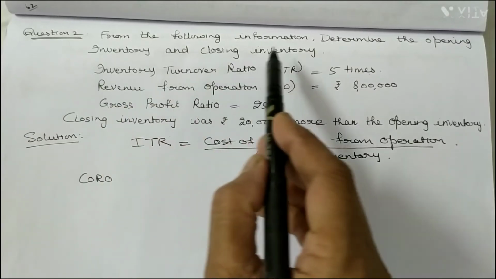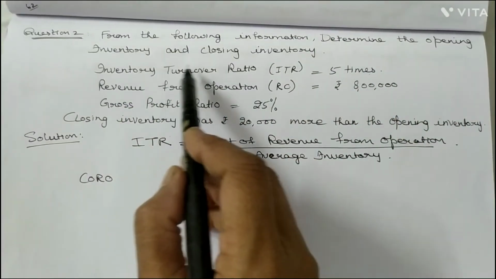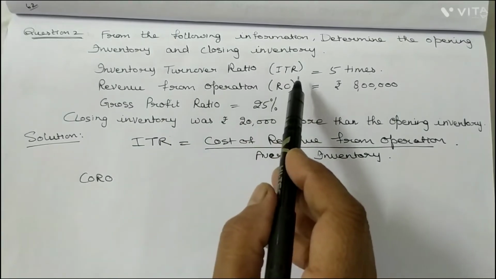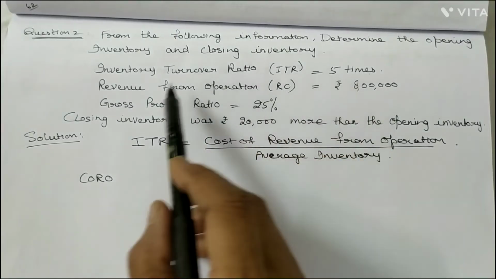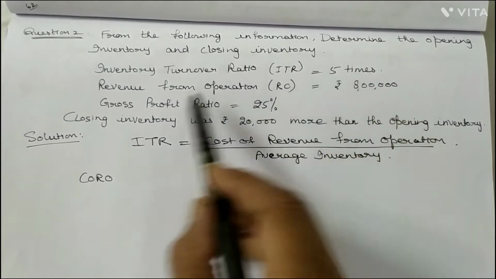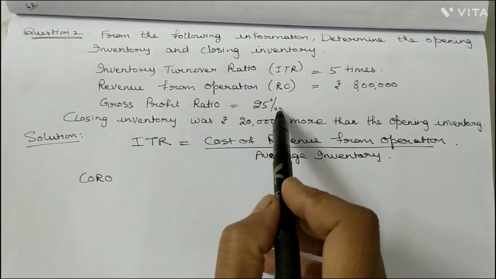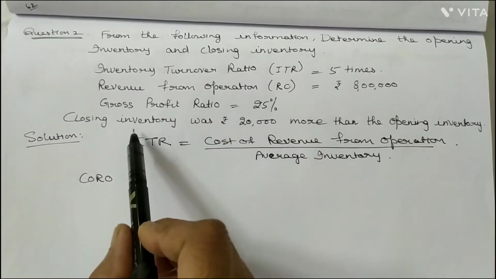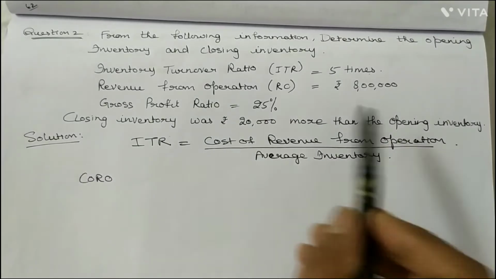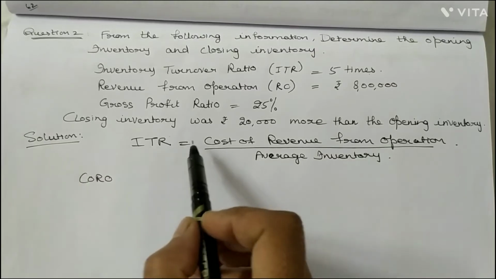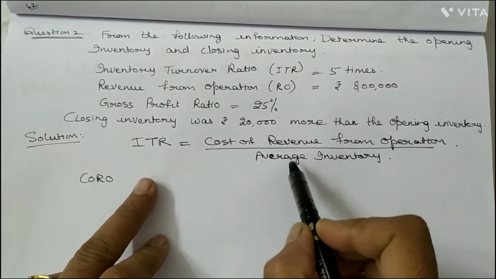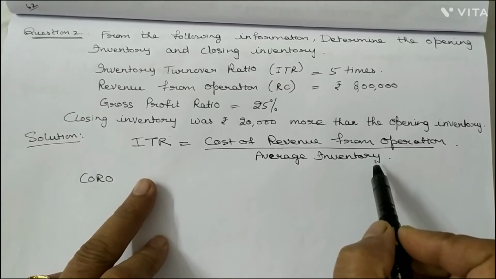Next question is, from the following information determine the opening inventory and closing inventory. Inventory turnover ratio is given as 5 times. Revenue from operation is equal to rupees 8 lakh and gross profit is 25%. Closing inventory was 20,000 more than the opening inventory. Solution is like this. ITR, inventory turnover ratio, is equal to cost of revenue from operation divided by average inventory.